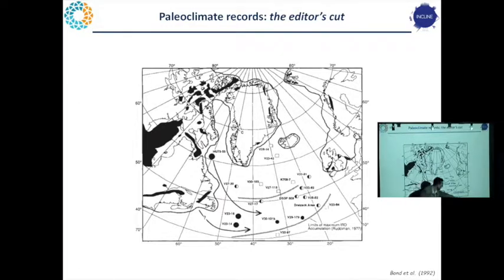Well, this started back in the late 80s, in the early 90s, as Heinrich and Bond and co-authors saw in the North Atlantic major layers of ice-rafted debris. Imagine a core sitting far from Europe and from North America, showing layers of high concentration of fragments transported by icebergs.